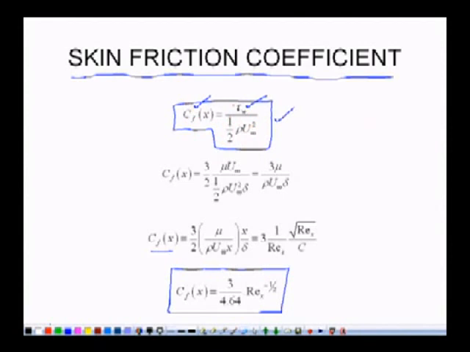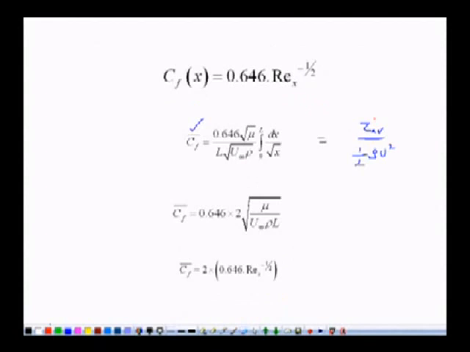If we can get the average shear stress acting on the flat plate, it may be varying. Here we have different shear stress, here we have different shear stress, but our aim is to find out the total drag. So for calculating the total drag, if we can calculate the average shear stress, then average shear stress multiplied by area will give you the average drag or total drag due to the boundary layer.